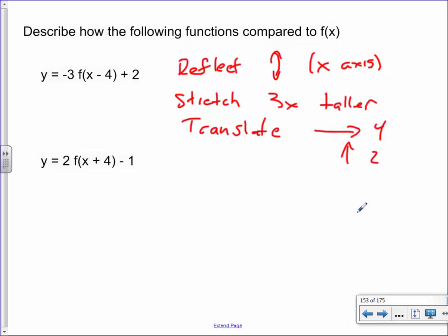Why don't you guys try the next one? Without me doing it first. See if you can kind of write out the same sort of things I just did there.